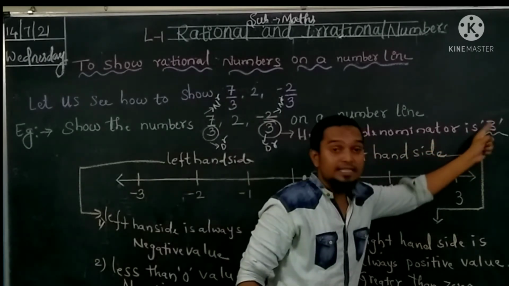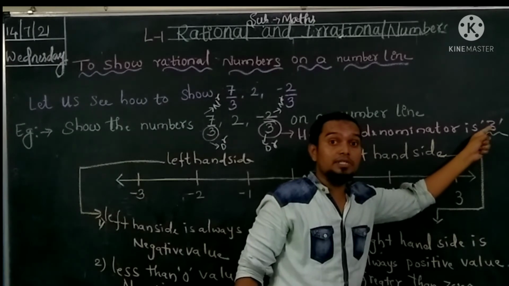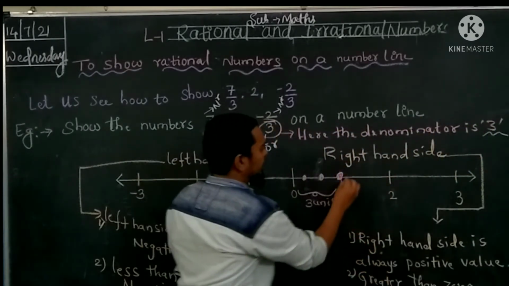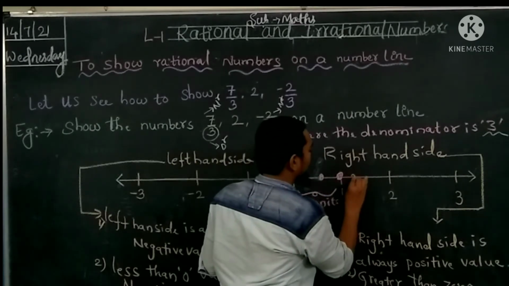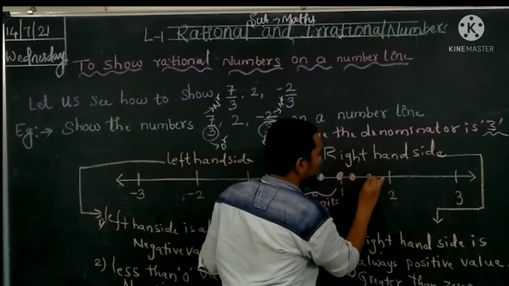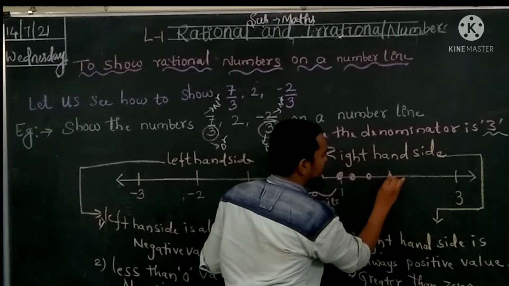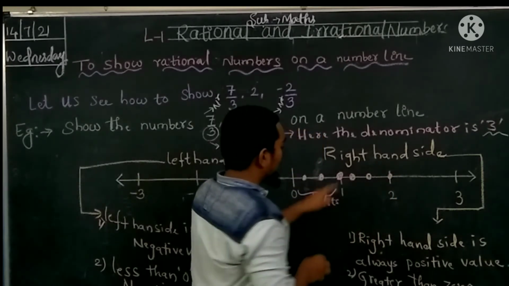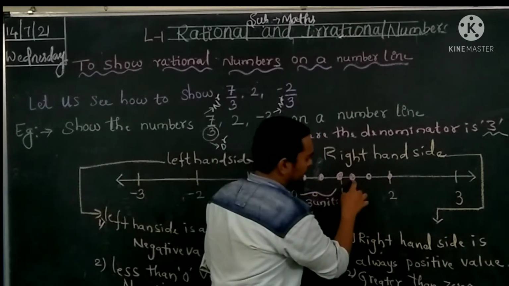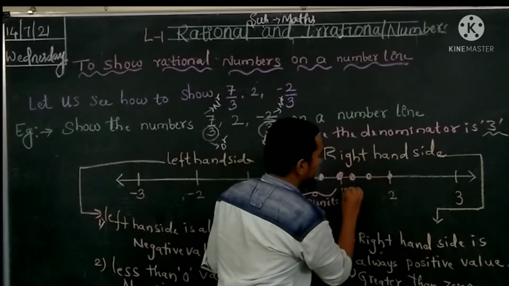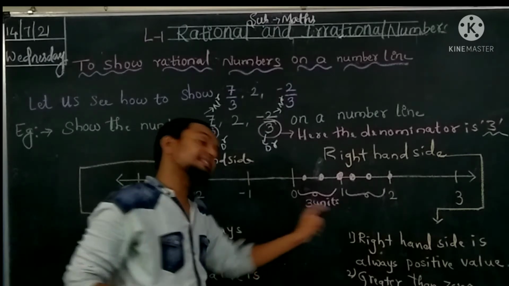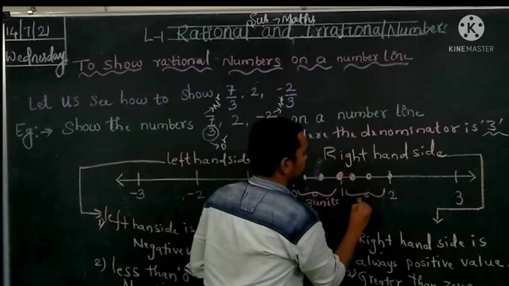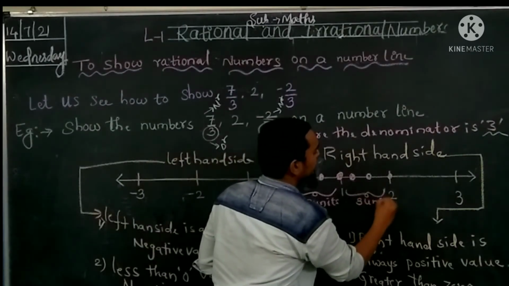The denominator is given as 3, so 3 units. 1 is left: 1 unit, 2 units and 3 units. The difference between 1 to 2 is also 3 units.